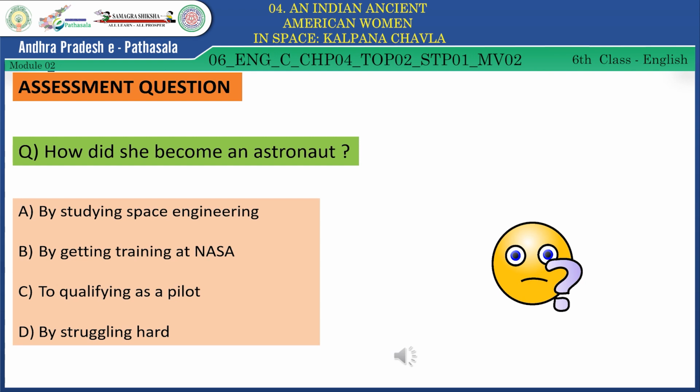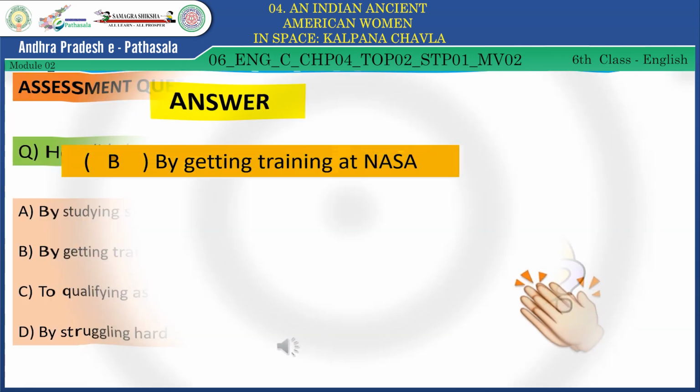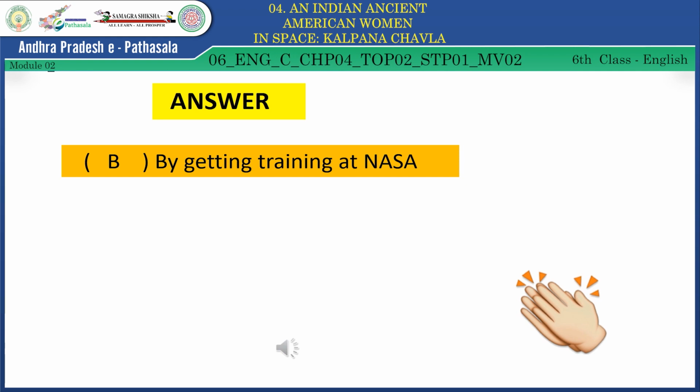Option B, by getting training at NASA. Option C, by qualifying as a pilot. Option D, by struggling hard. Think yourself and choose the correct answer. Excellent. Your answer is correct. The correct answer is option B, by getting training at NASA.